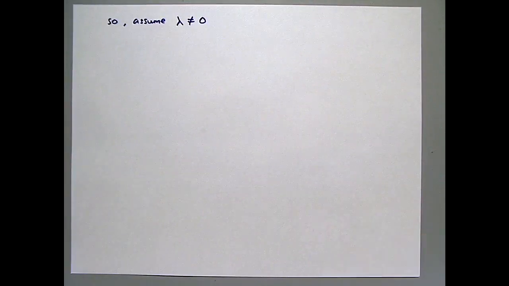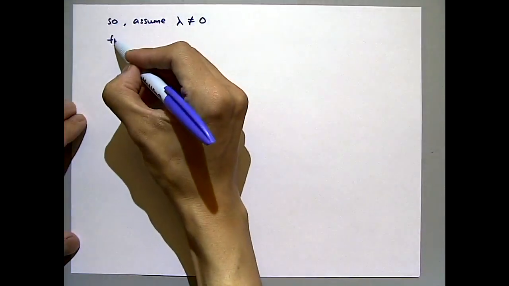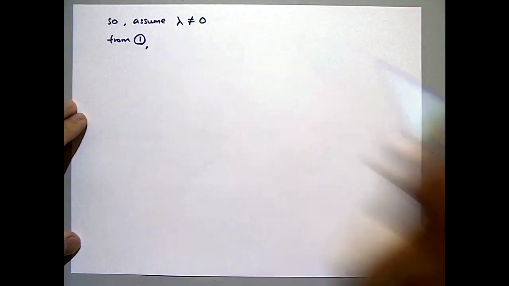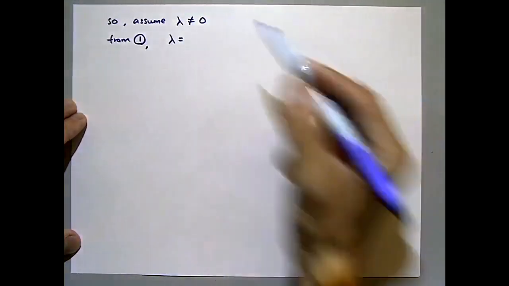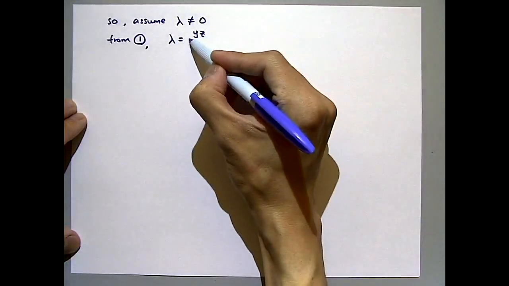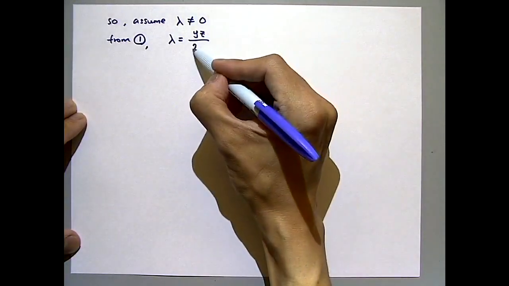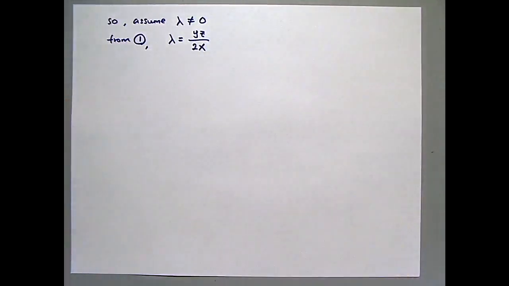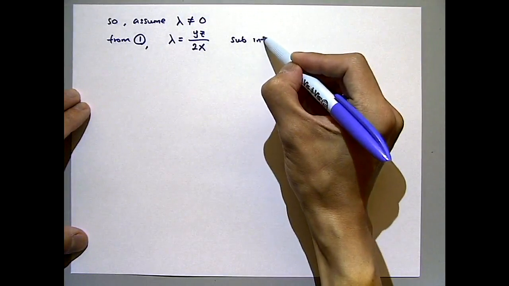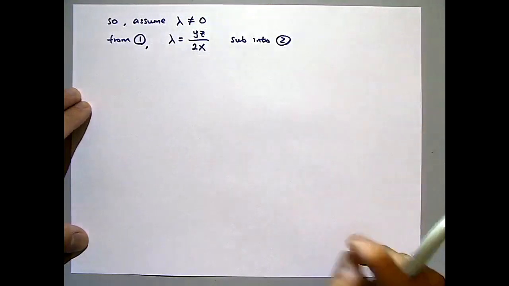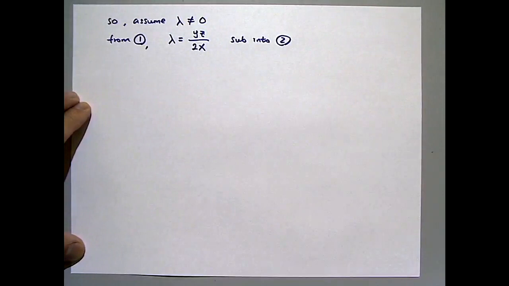And now we can do a bunch of different things with the three equations. For example, from equation 1, notice that I can say lambda is equal to yz over 2x. I just divide it out and I get yz over 2x is equal to lambda. Then I'm going to take this into the second equation.